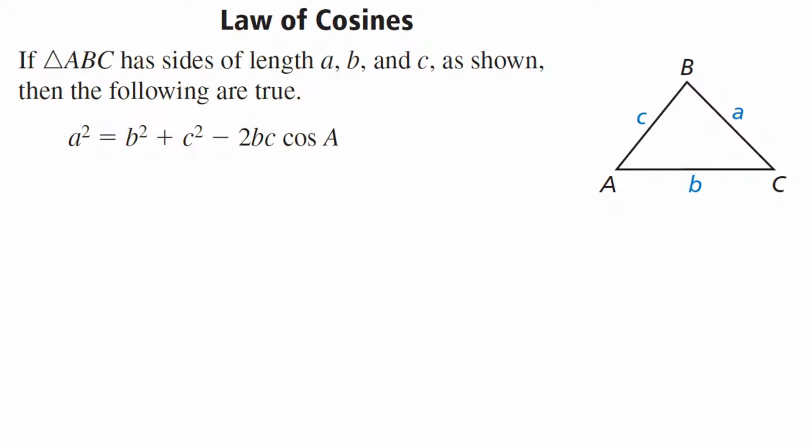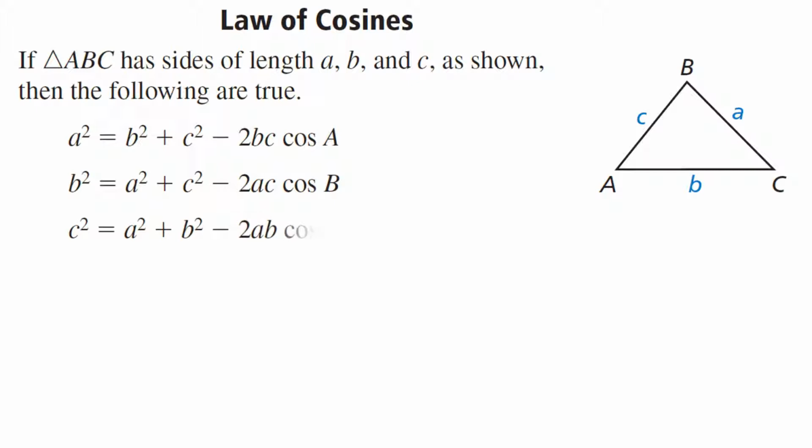Now there's actually 3 forms of the equation because it depends on if I'm looking for side A or angle A, or if I'm looking for side B or angle B, or if I'm looking for side C or angle C. If I want side A or angle A, I would use that top equation.